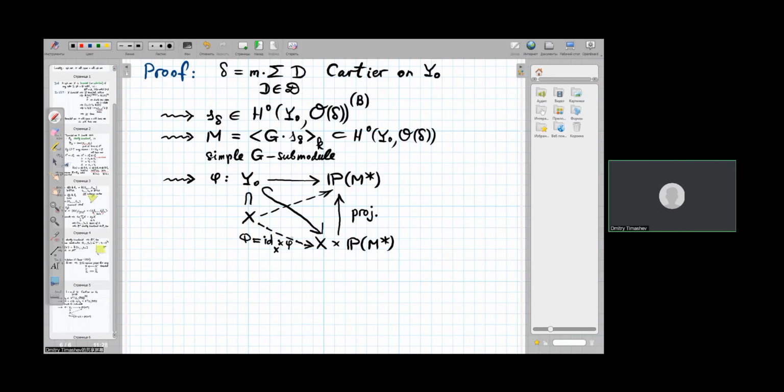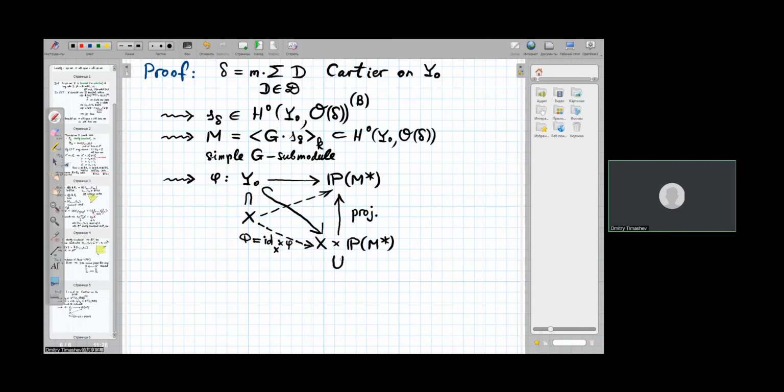And therefore, you just have the identity map on the first factor, which gives you the injection, and the map phi on the second factor. So Y naught is included into this product variety as the graph of the map small phi. Now, let's consider the closure of this map big phi.